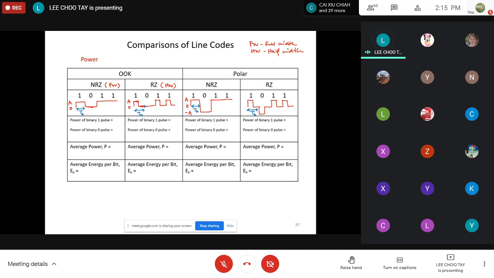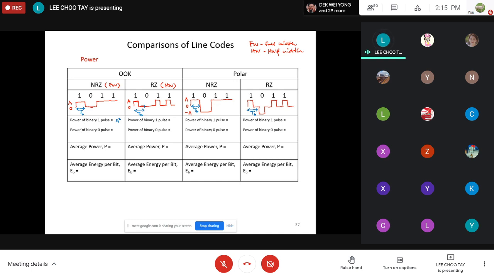Because the amplitude is the same and lasts for the entire bit duration, therefore the power used to transmit a binary 1 pulse is A square. You just treat it like a DC that lasts for the entire bit duration. So the power is A square.